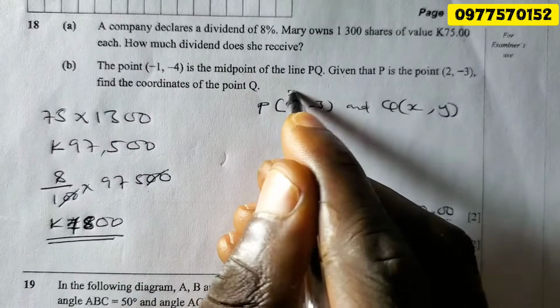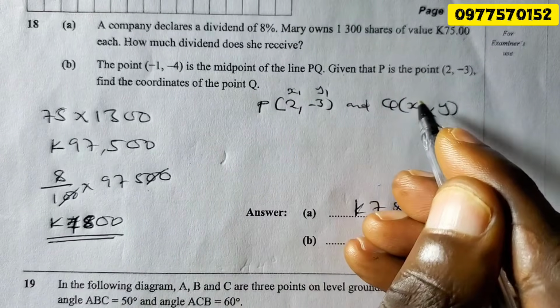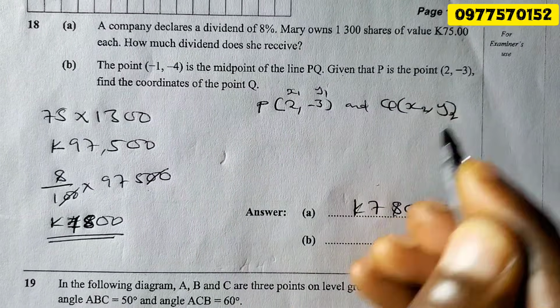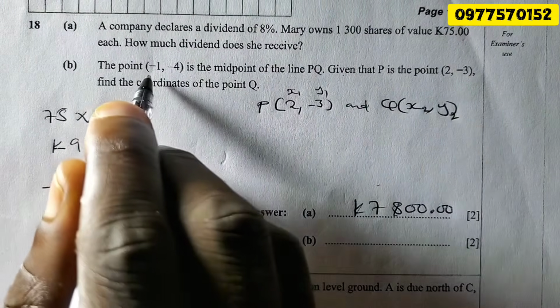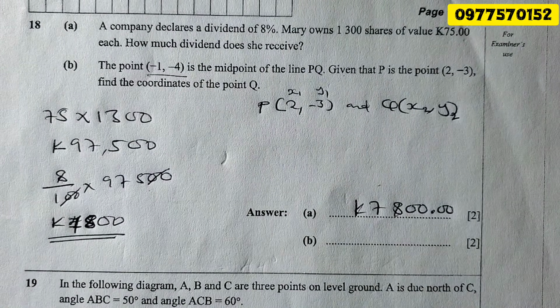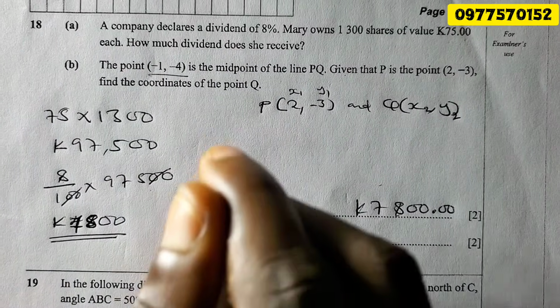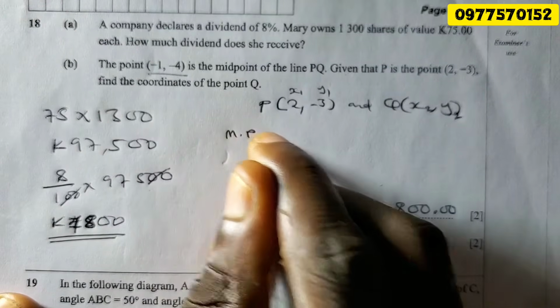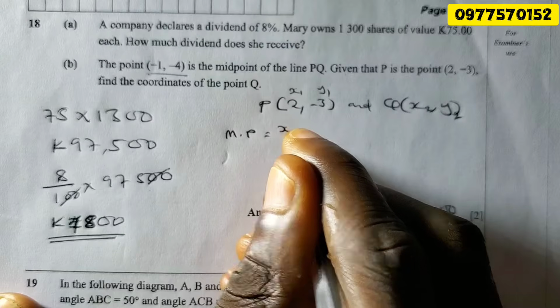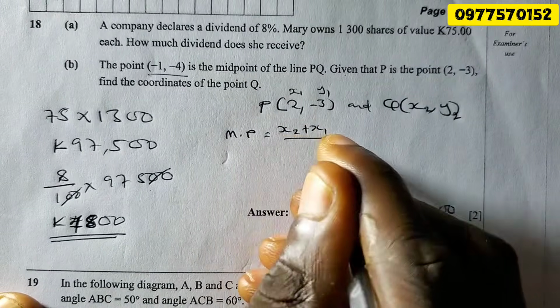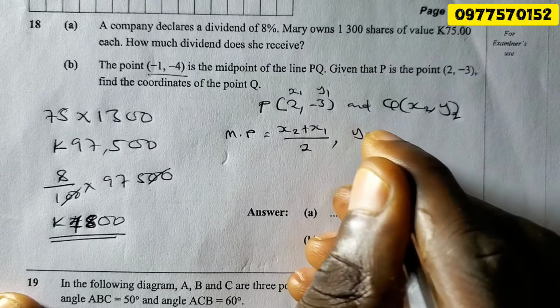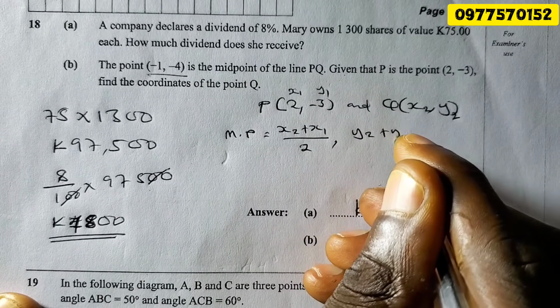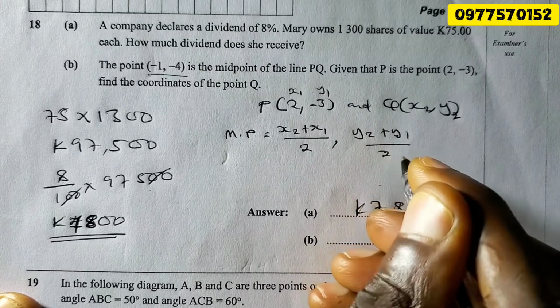So this is x1, y1, x2, y2. The midpoint is -1, -4, and the formula for the midpoint is x2 plus x1, or x1 plus x2, no problem, over 2, y2 plus y1 over 2.